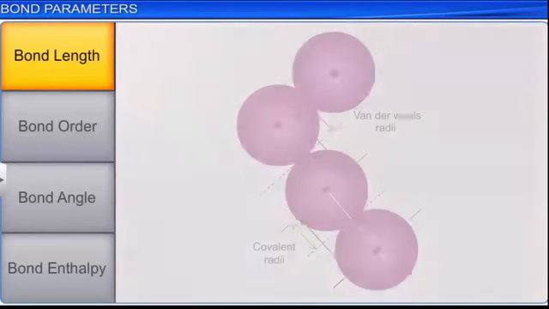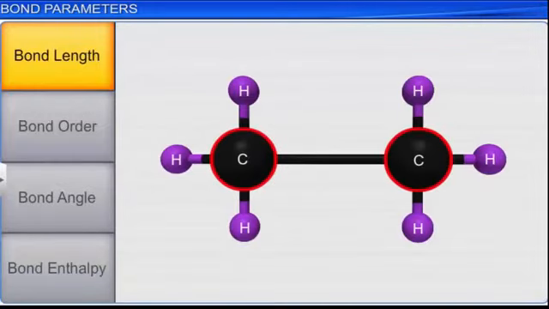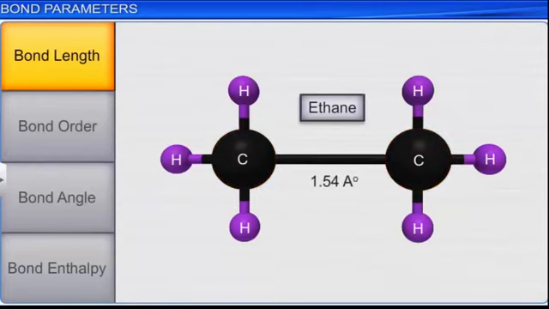Some of the methods used to measure bond lengths are spectroscopy, X-ray diffraction, and electron diffraction. The bond length between carbon atoms in an ethane molecule is calculated to be 1.54 angstrom units.